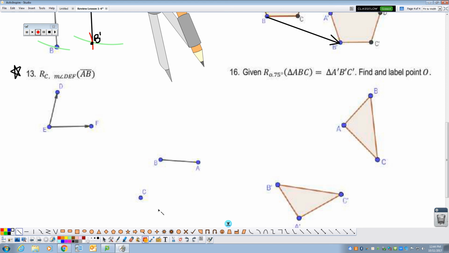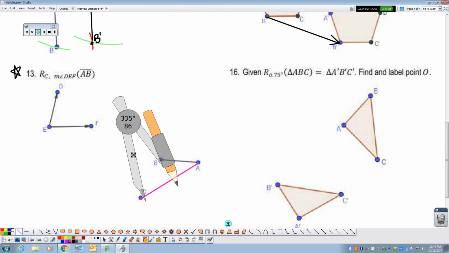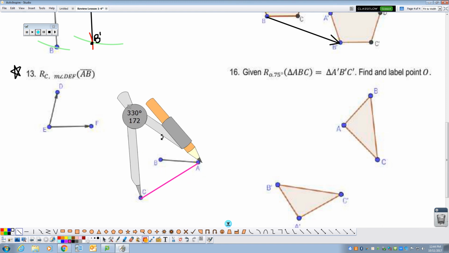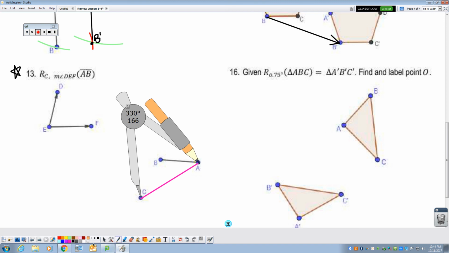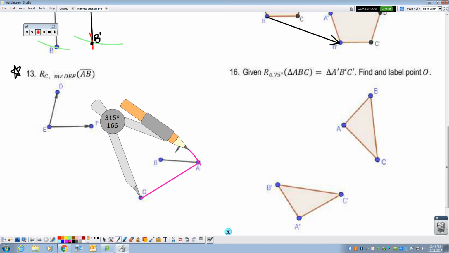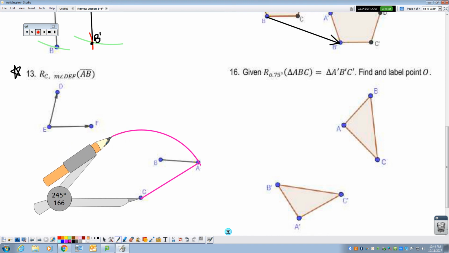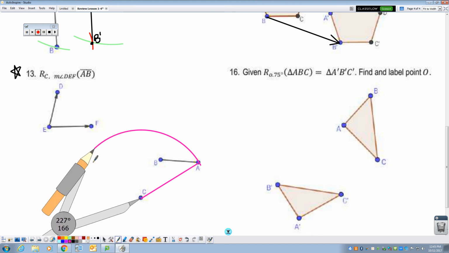So first, to rotate point A, my first step is to connect point A to the center of rotation. My next step is to draw a nice big arc that goes through A. And what this arc is representing really is the path that A travels on as it rotates.